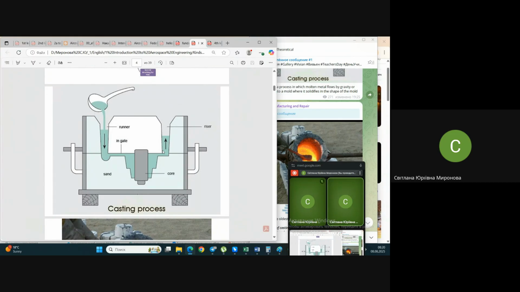As soon as liquid metal or plastic or whatsoever touches this mold, the mold is usually at a much lower temperature, some hundreds of degrees less than the liquid material you're going to pour in. It starts solidifying, and as soon as it touches the mold, it's already solidified a bit, and it's quite clear that it's necessary to do it quickly, and the material should be distributed equally inside.